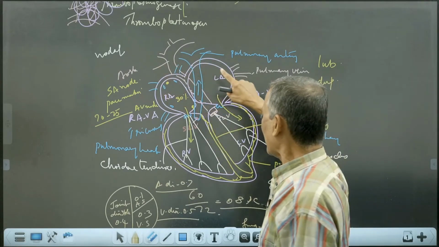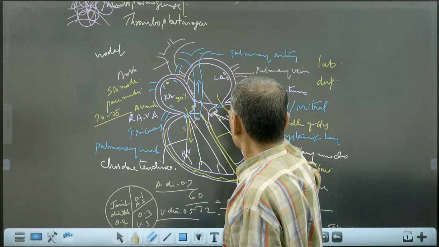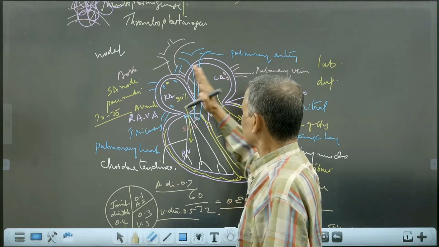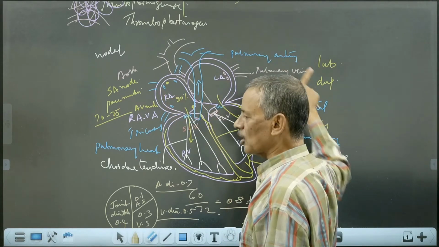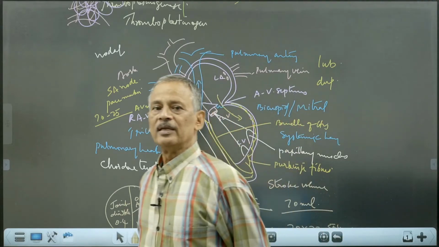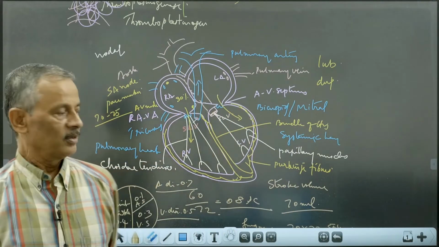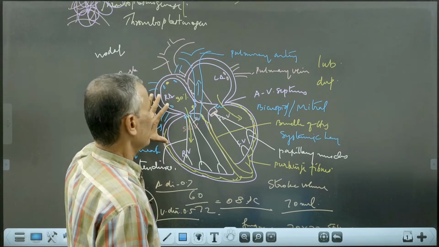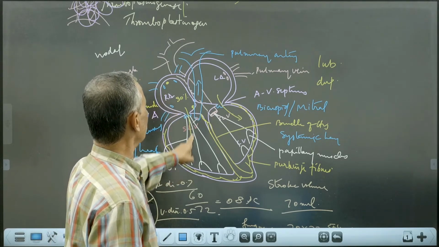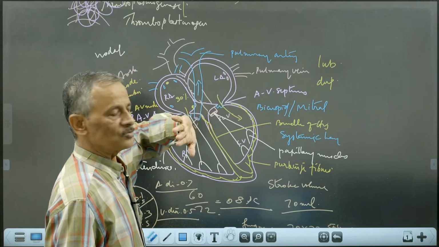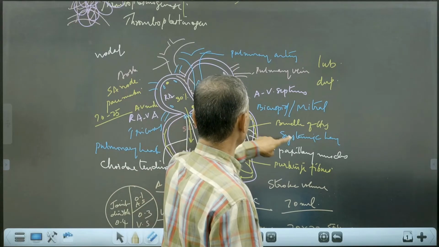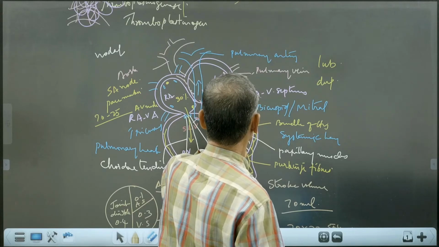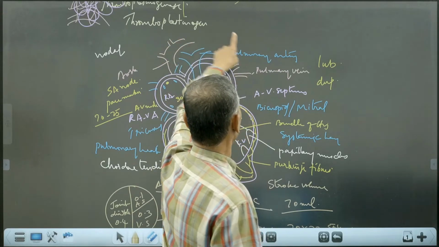Okay, and the blood from the left side reaches the right side of the heart after passing through the systemic circulation. So this is the reason why I told you that the right side is called the pulmonary heart because blood is pumped to the lungs, and the left side is called the systemic heart because it is pumped to the different systems.